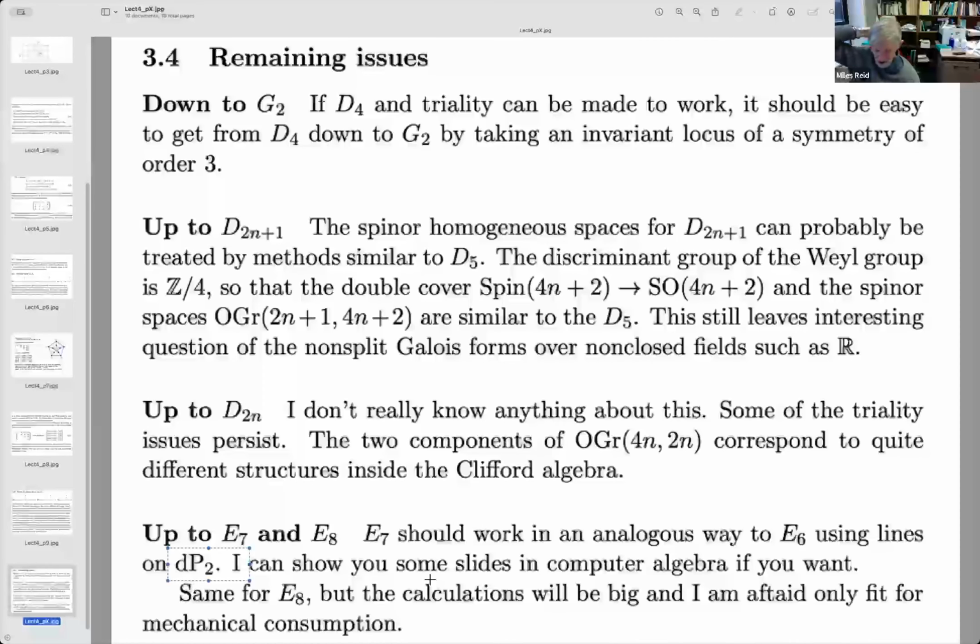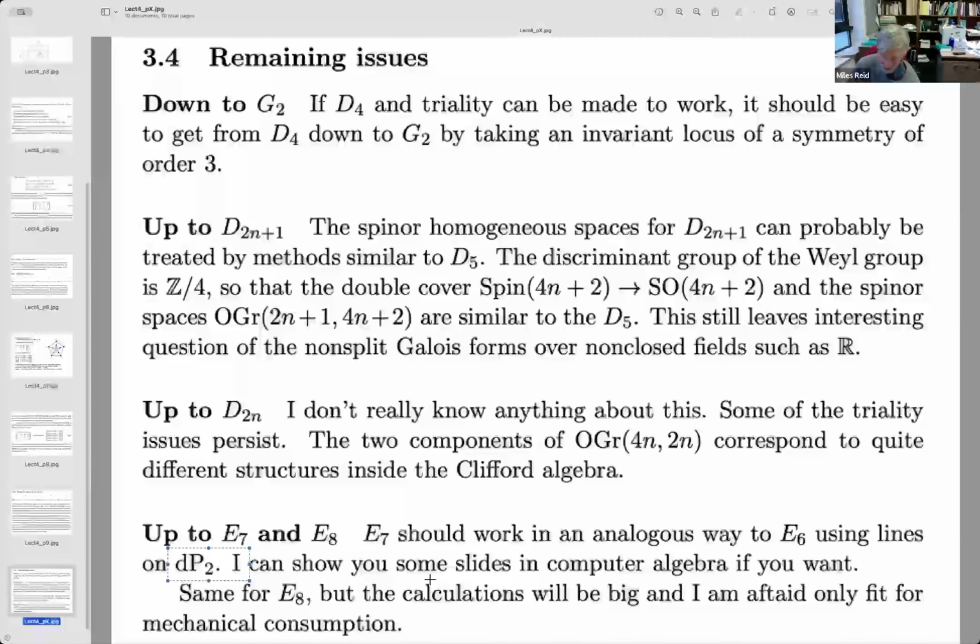That's what a contraction is. In any case, if instead of 6 points you blow up 7 points, you get del Pezzo 2.